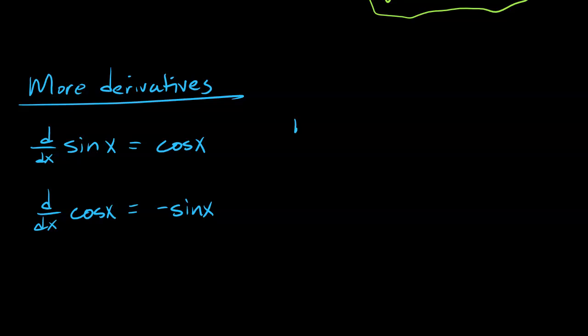Two more. I've got the derivative of e to the x, which is awesome because it's the same thing. The one that always really confuses me is e to the x.